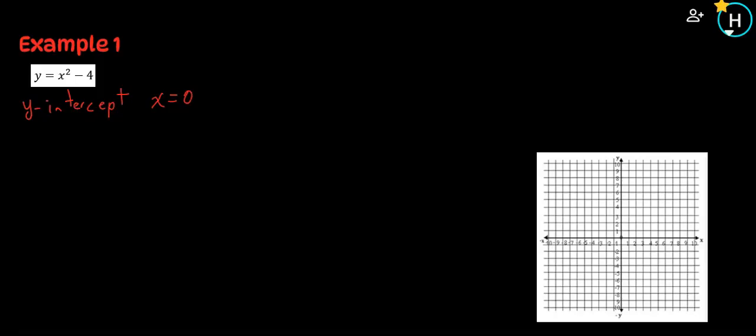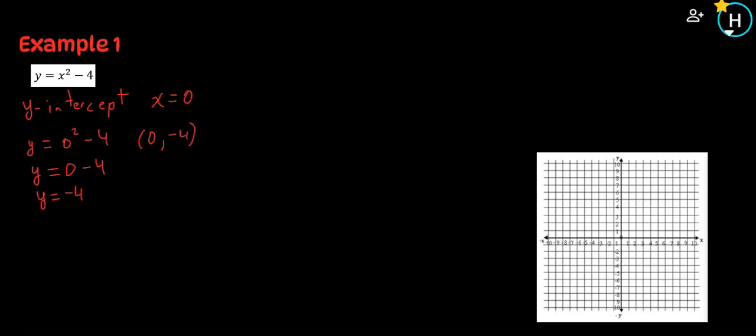If we replace the value of x in the equation, you have y equals 0 to the second power minus 4. So y equals 0 minus 4. So y is equal to negative 4. So the y-intercept in this equation is (0, -4).